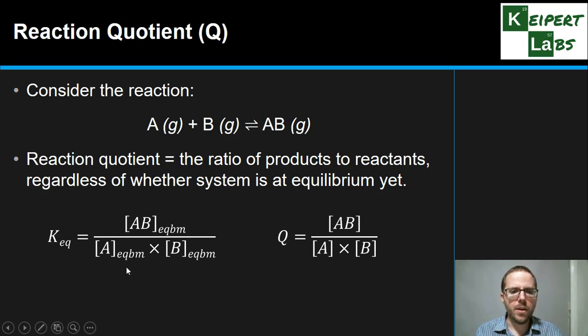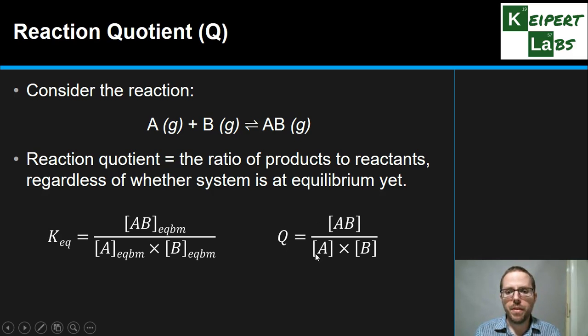For K, we're talking about equilibrium concentrations, which is what the little eq stands for. But Q says, whatever the concentrations are, we look at the same ratio of products over reactants, based on whatever we're presented with.